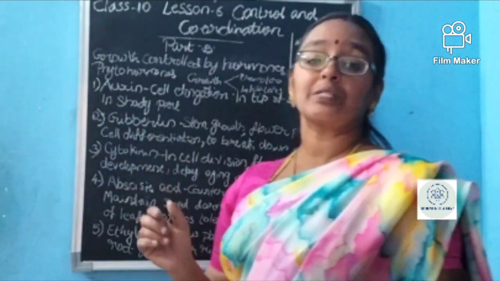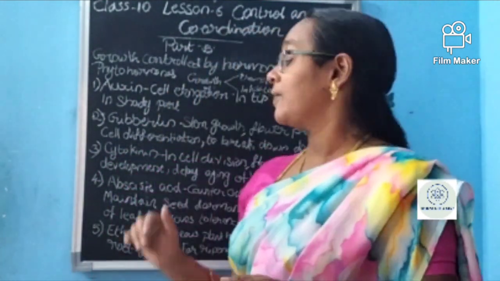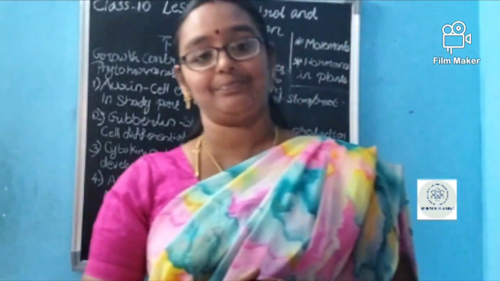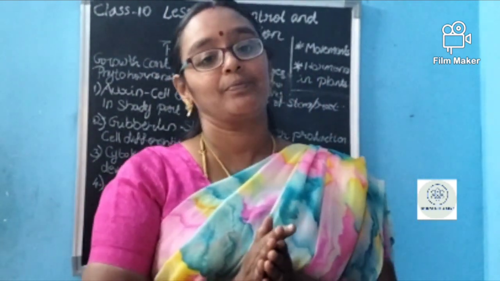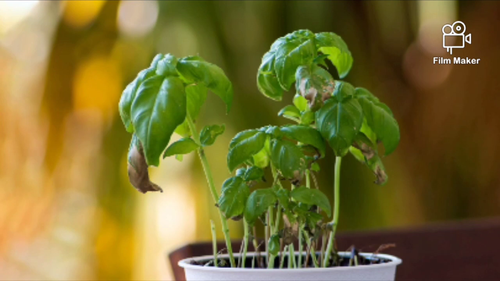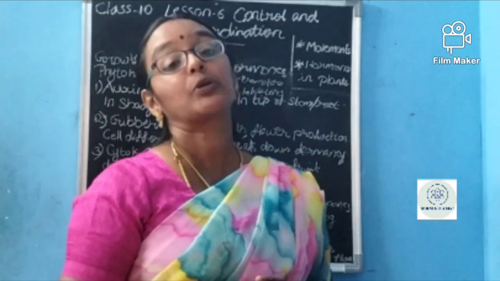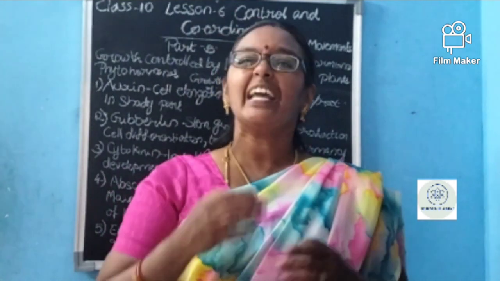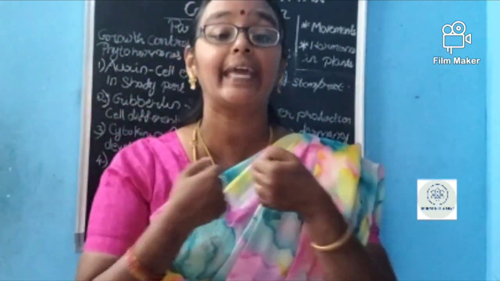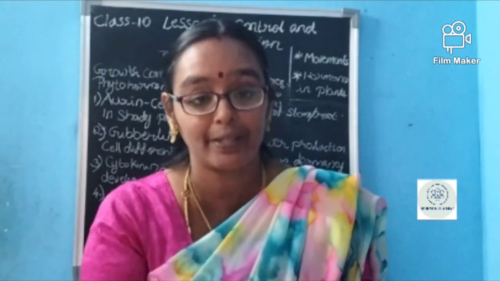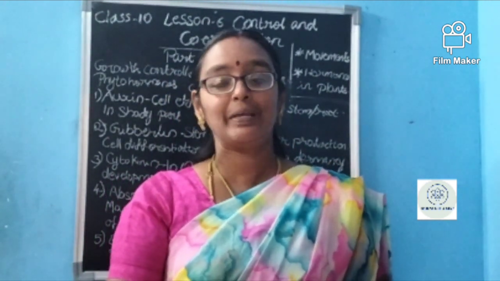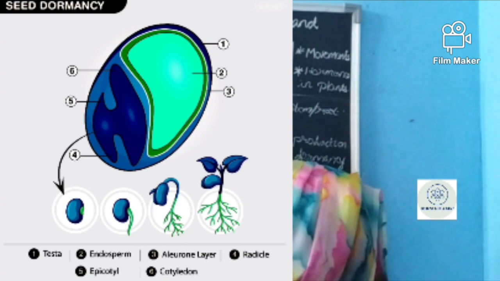Then we are moving to see growth inhibitors. First one is abscisic acid. It will be counteracting the growth hormone. What is it doing? It will act against the growth hormone, and it results in seed dormancy, meaning the seed will not germinate quickly.